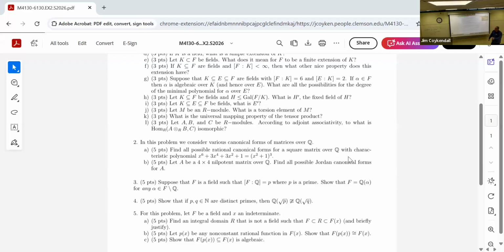Well, first of all, it's not necessarily 1. For example, let me have p of x equal x to the n, right? Then this extension is of degree n, right? And I can make this anything, right? Just by varying what n is there, right? So how do you do this?